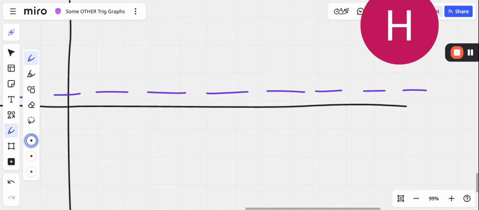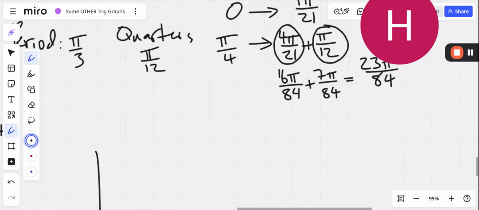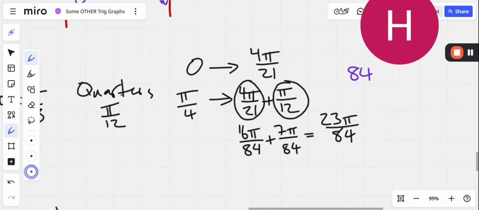We just need to put it somewhere to the right of wherever we started. So if this is my 4 pi over 21, here's my 23 pi over 84. And now how do I get to the next one? I have to add pi over 12, but instead I'm going to add 7 pi over 84. That's how I move forward on these quarter marks.